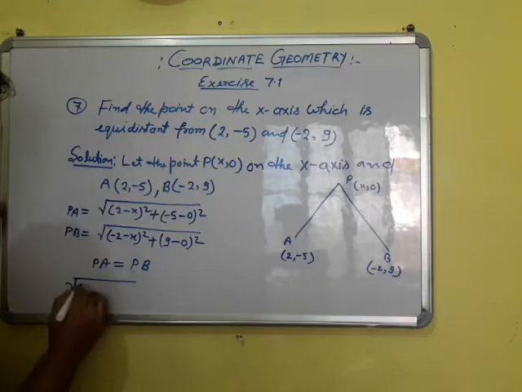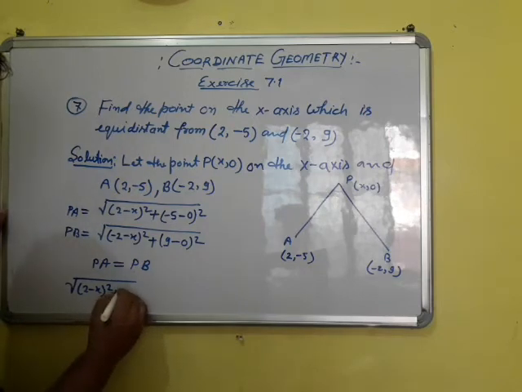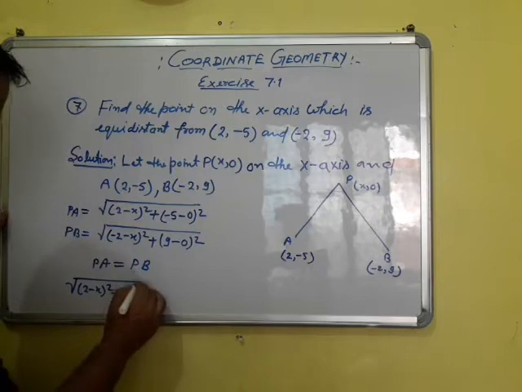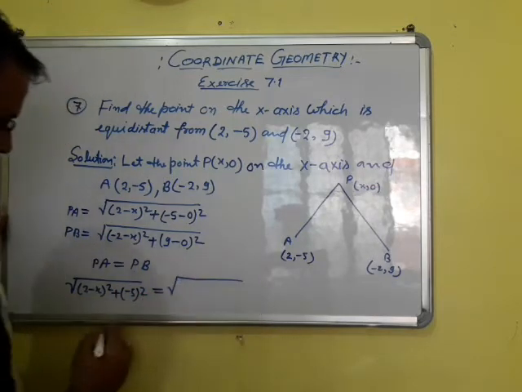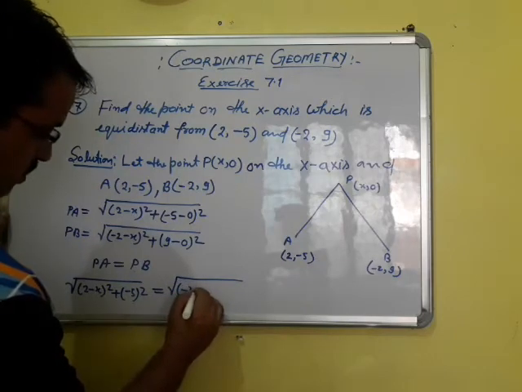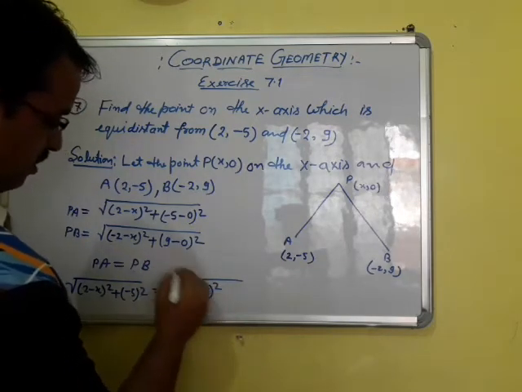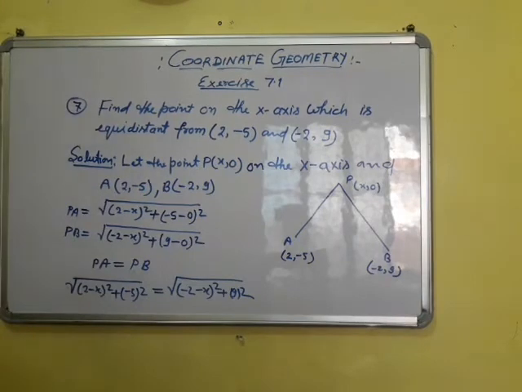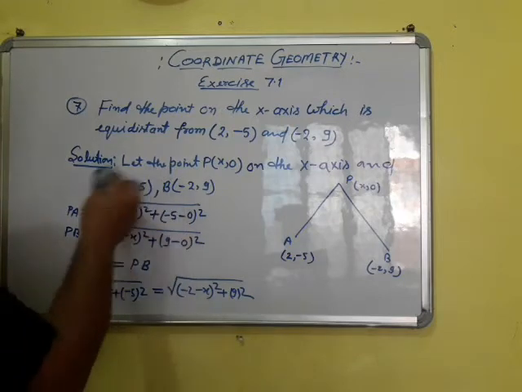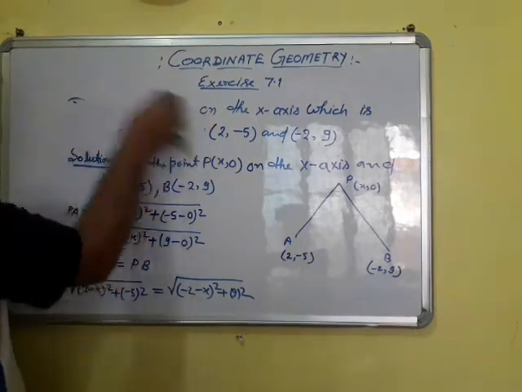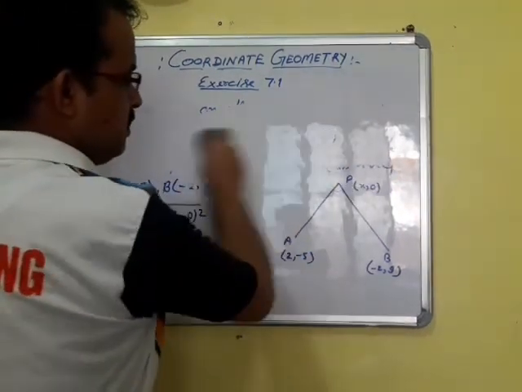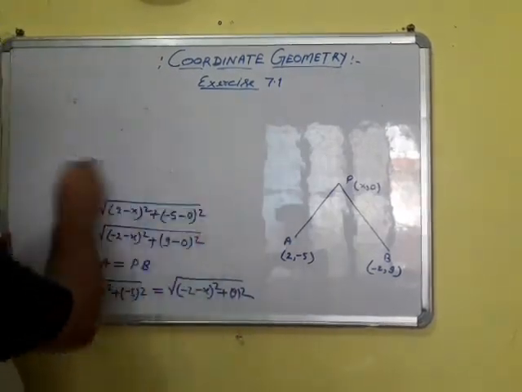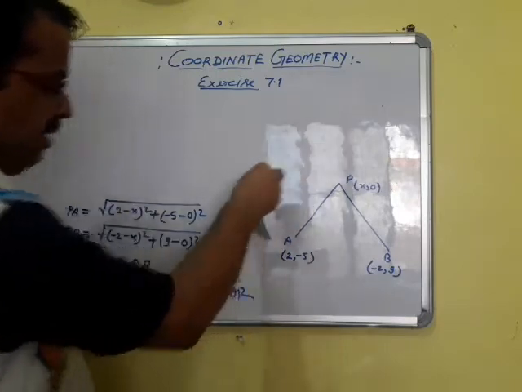Under root (2 minus x) whole square plus (-5) whole square is equal to under root (-2 minus x) whole square plus 9 whole square. Clear? Now what do we get here?